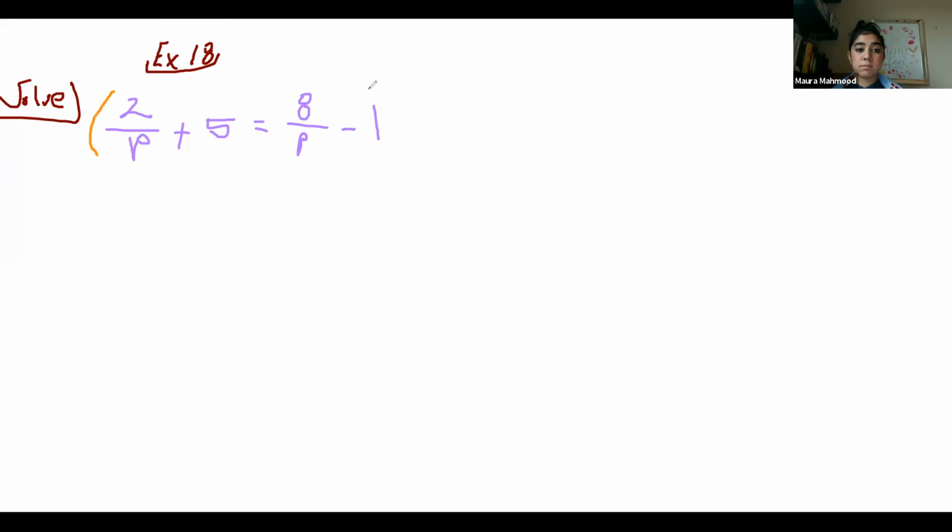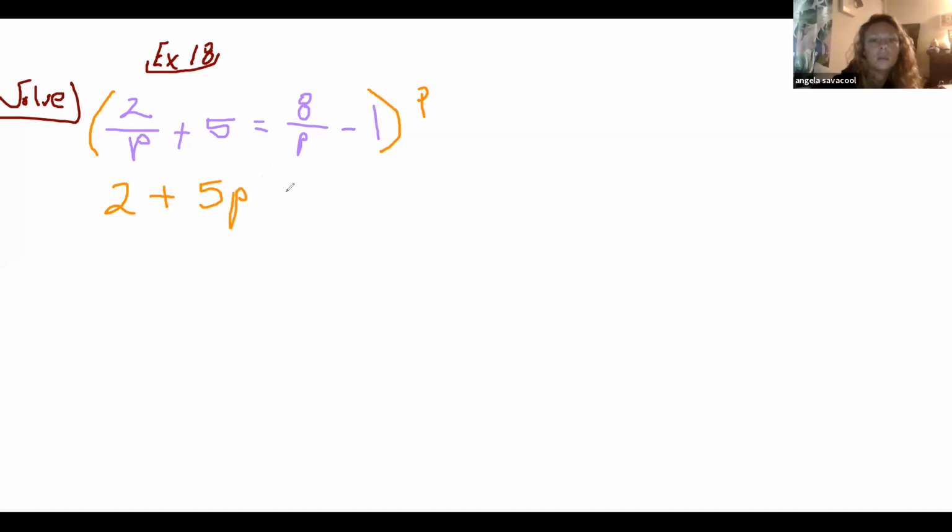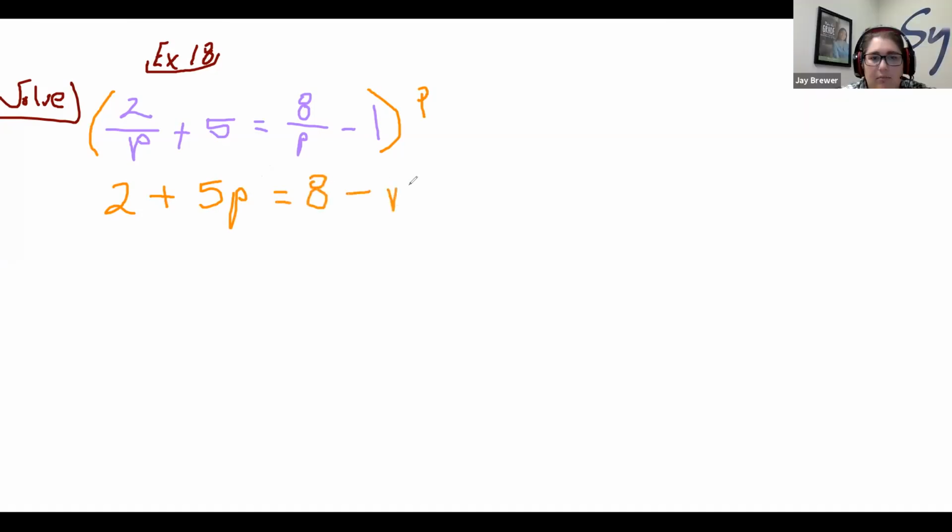Very good. And the reason we're multiplying it by p is because that's what the LCD would be. All right, so we're going to get rid of all the p's. So that means we're going to end up with 2 plus 5. But what do we have to put with the 5? It'll be 5 what? P. Very good. And then the 8 cancels underneath, so then minus p.